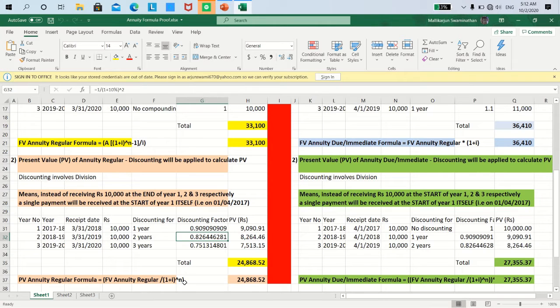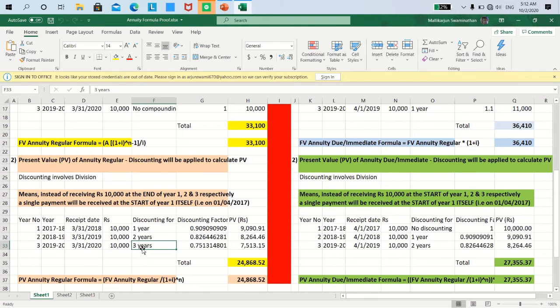Similarly, with respect to row 33, we observe that the payment date of the last installment was due on 31st of March 2020, highlighted in D33. But now Mr. X is asked to pay this amount on the 1st of April 2017, which is 3 years earlier, highlighted in F33.